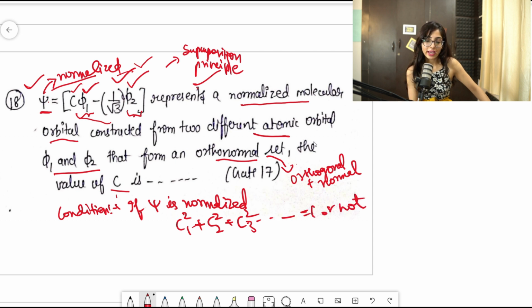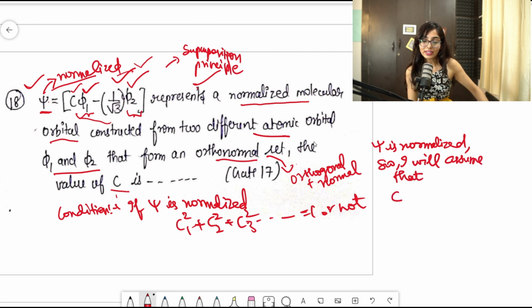Here it is already given in the question that psi is normalized. Two states are there, so I will assume this C as C1, and this minus 1 by root 3 as C2.